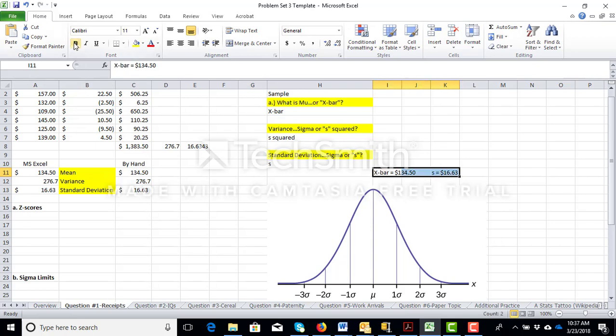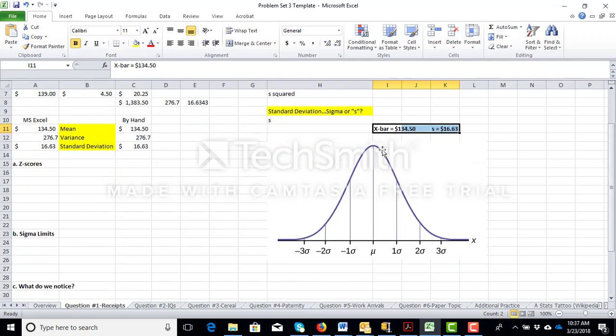I want you to start thinking about overlaying that information onto this graph. So this center line here would be $134.50, and we can determine where exactly the 1 sigma, 2 sigma, 3 sigma limits are. Here's how we do it.